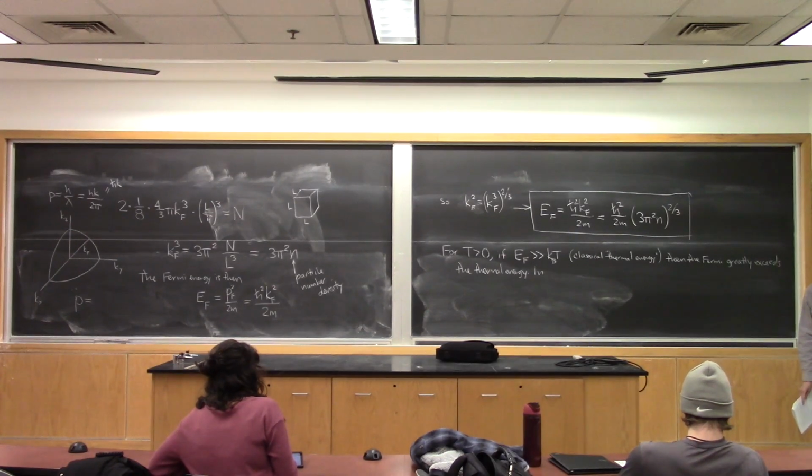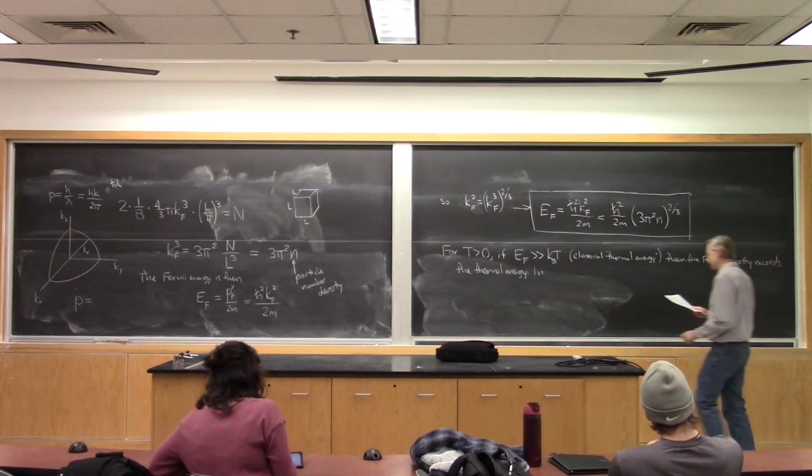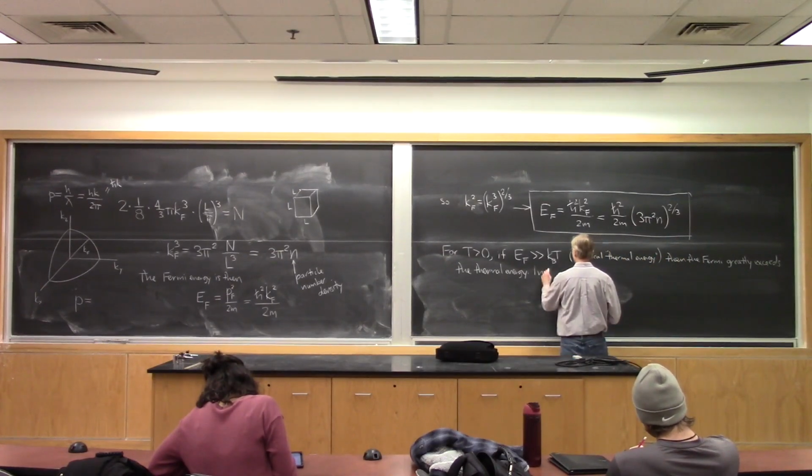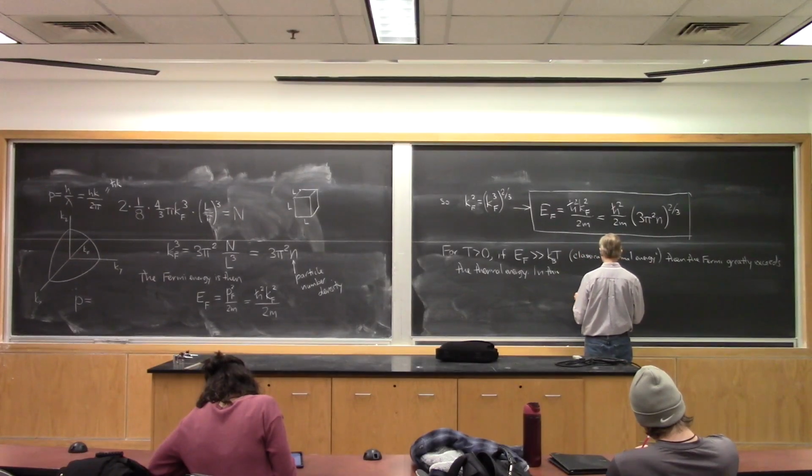Just 2 of them. What has to be true about them? Opposite spins, right? You have to have opposite spins. In this case, the energies of almost all the fermions are a result of the Pauli exclusion principle.